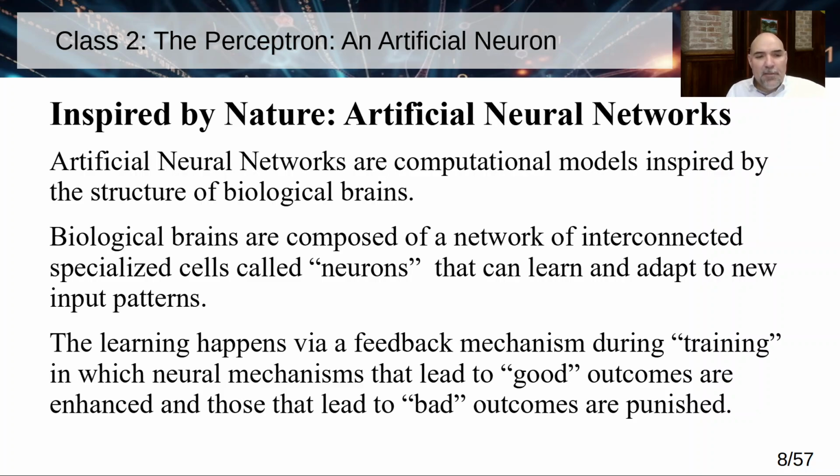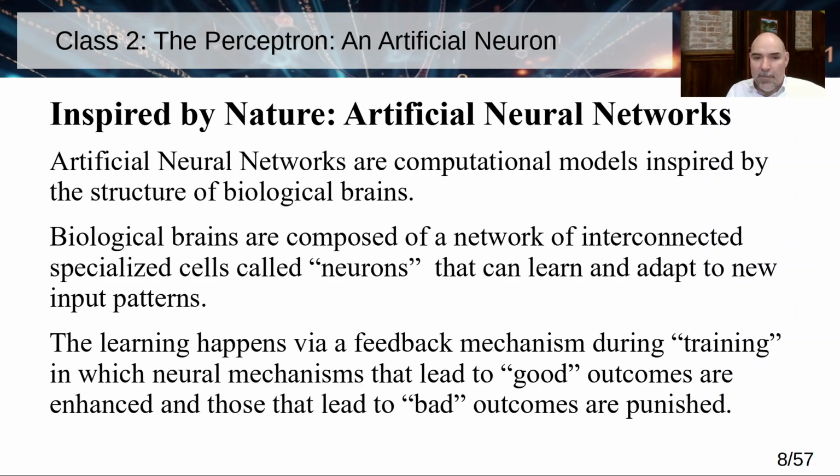You end up with this neural mechanism that, because it gets rewarded, let's call it rewarded, for good or positive outcomes, those get enhanced. And since it does not get rewarded, or we'll say punished, for things that lead to bad or non-optimal outcomes, those are not favored in its behavior.